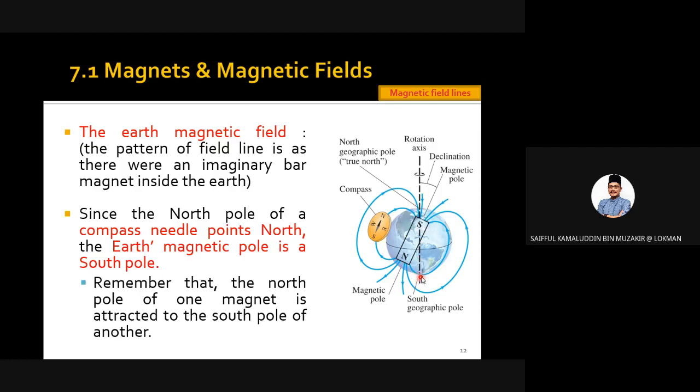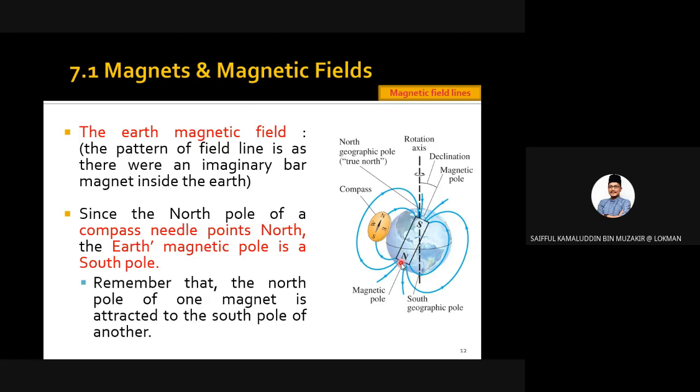This is the south geographic pole. But if we study the planet Earth in terms of magnetic poles, they are different. The magnetic pole is a little bit tilted like this. Nearby the north geographic pole is actually the south magnetic pole of the planet Earth, and nearby the south geographic pole is the north magnetic pole of the Earth.